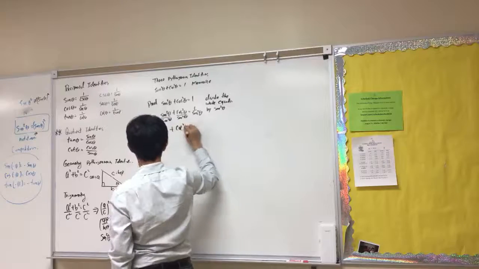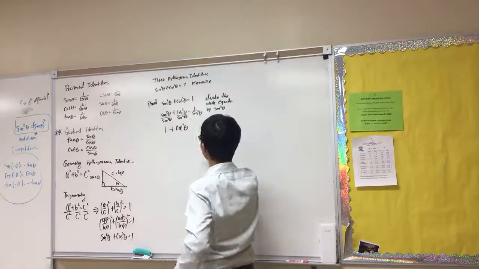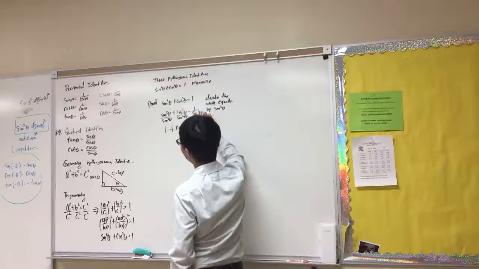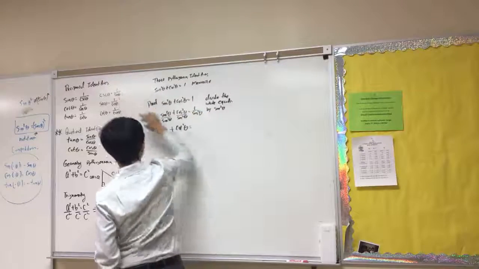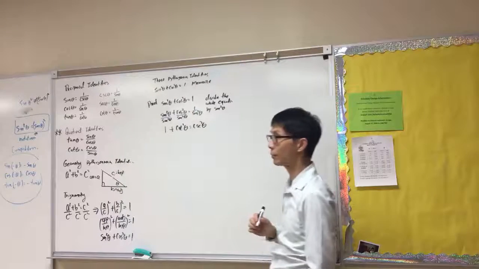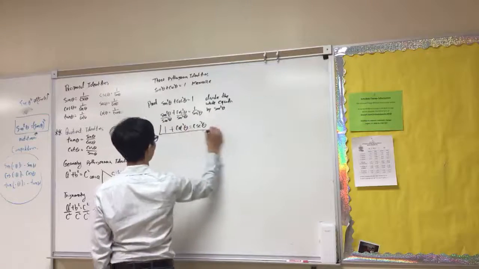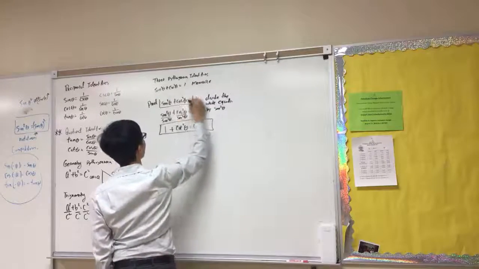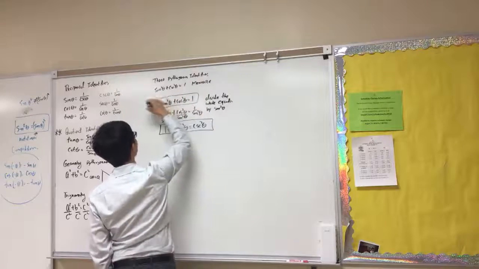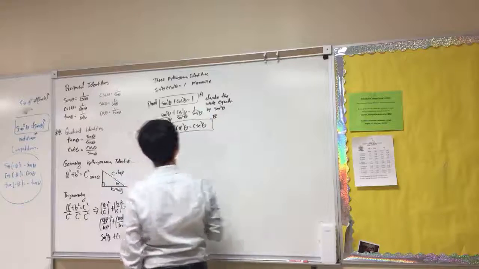Cotangent square theta. Make sure you write down square right here. That represents cosine theta in parentheses squared. 1 over sine is equal to what? Cosecant. Don't forget about the square because I take points off before. So that becomes 1 plus cotangent square theta equals cosecant square theta. We're going to call this one Pythagorean identity A. So this is A, I want you to remember it. B is I want you to prove it.